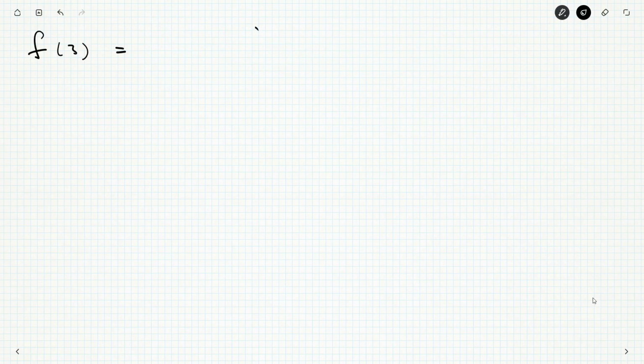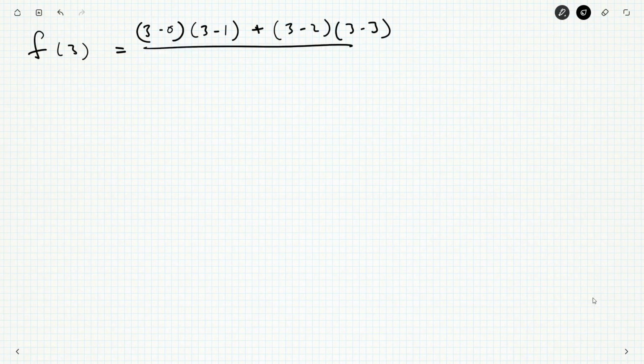Okay. 3 minus 0 times 3 minus 1 plus 3 minus 2 times 3 minus 3. We go until we hit 3 minus 3, or 3 minus 2. So that's 3 squared minus 3 plus 0.